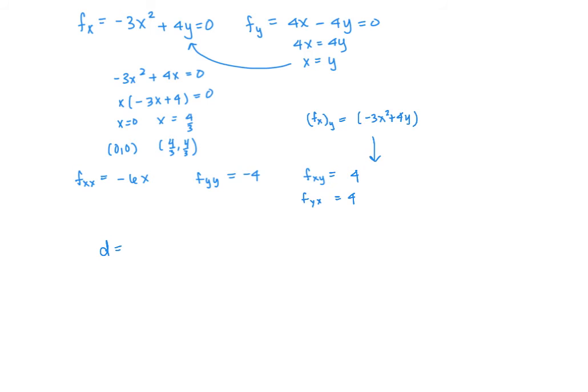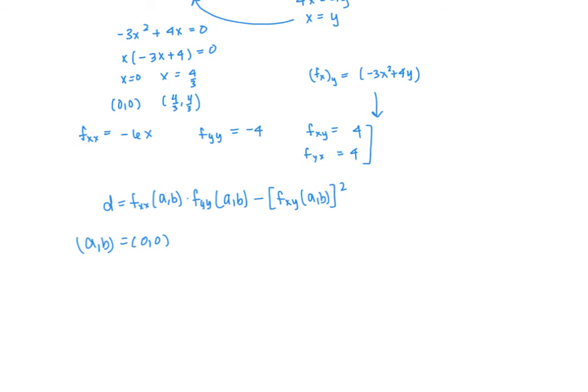So I can find my D value. D is my fxx at my critical value times fyy at my critical value minus fxy at (a, b) squared. And so now I can plug in, I'm going to use (a, b) equals 0, 0 first.